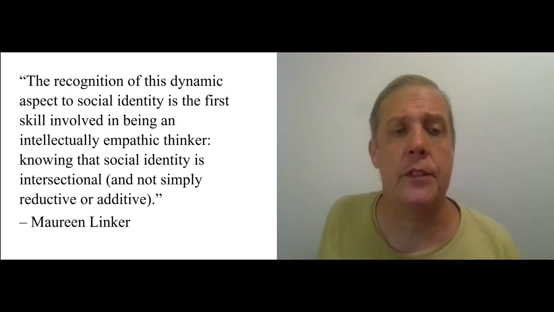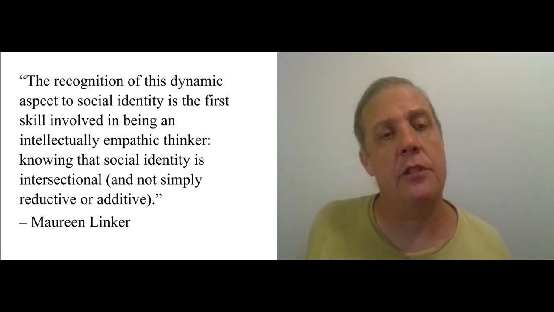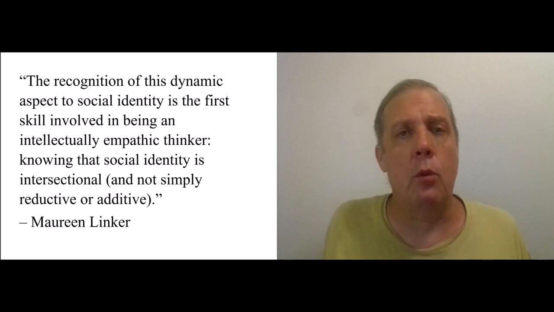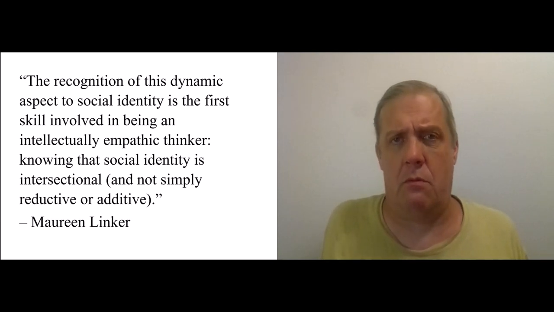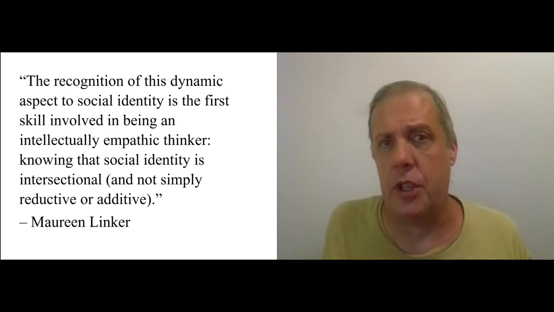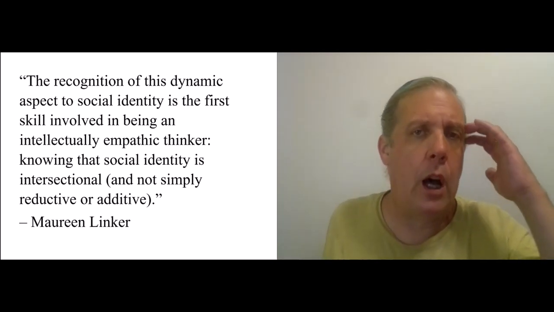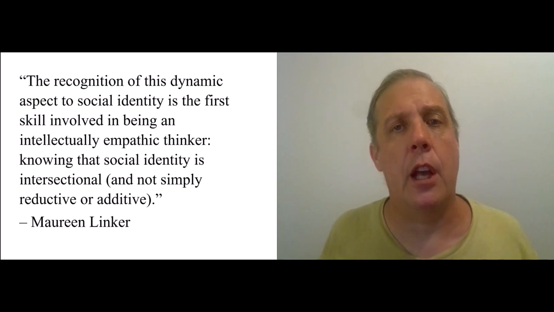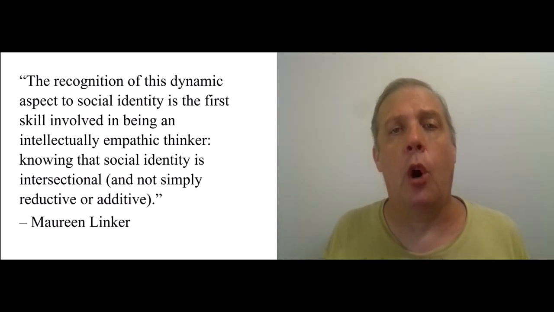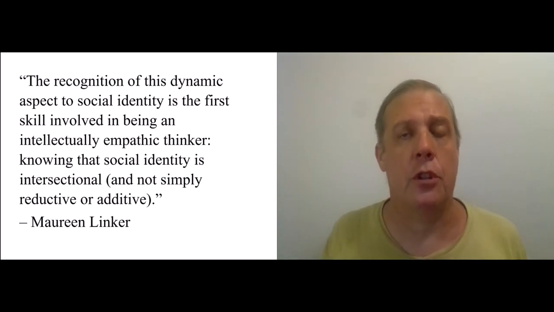Actually, reductive is another point in there that I haven't been emphasizing enough. No one wants to be reduced to just a collection of identity memberships, right? So this is why I defined intellectual empathy at the start as a holistic understanding of the person you're reasoning with.